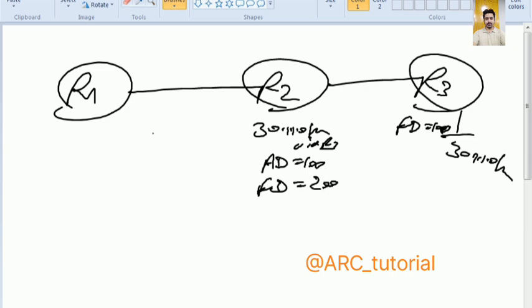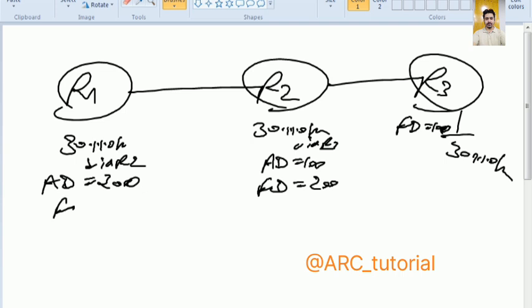So R2 will give this update further to R1. R1 will receive this 30s prefix via R2, and its AD will now be 200. Let's say its FD has become 300. Now, mistakenly you disabled split horizon on this interface of R1, right?